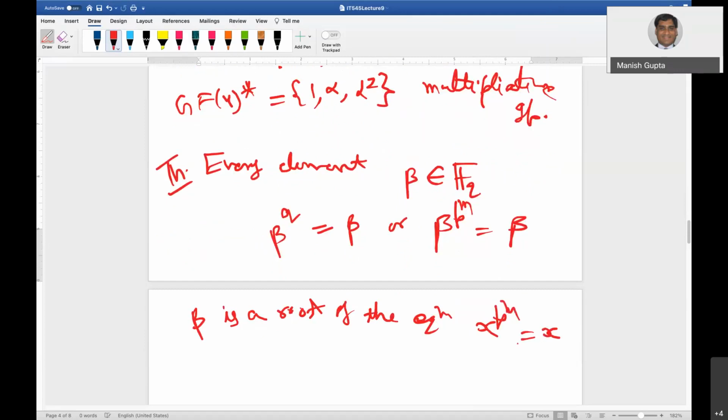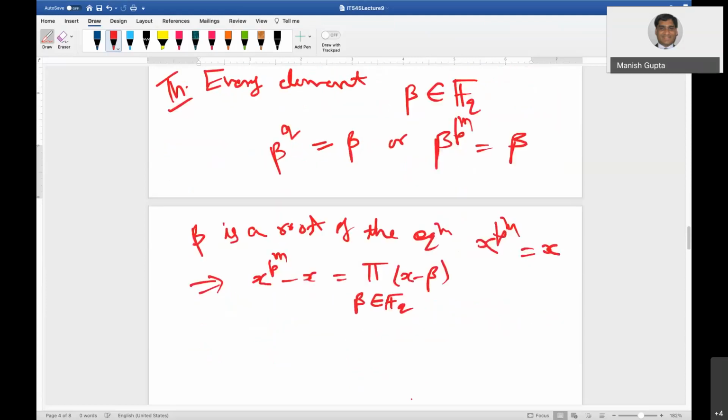We can also write it as x raised to power p raised to power m minus x is equal to the product of x minus beta, where beta belongs to FQ.